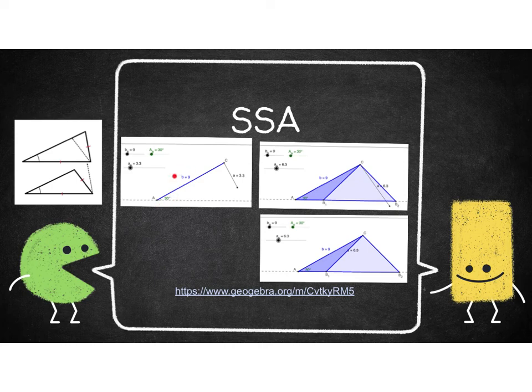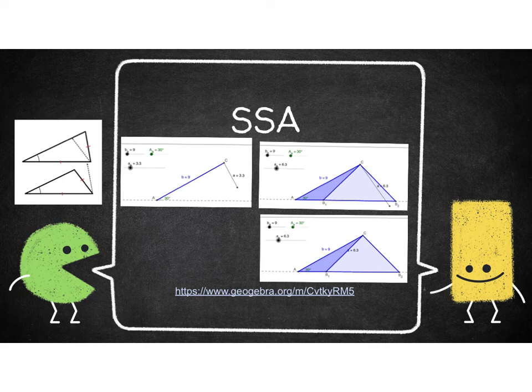We're going to keep B for now at 9, and then we're going to move A. So let's say I make A over here, okay, at 6.3. It can create this triangle using that 6.3, but it can also create this triangle. Those would be the two same side lengths with a non-included angle of 30 degrees. Notice that doesn't change, but I have different triangles that I can create with side, side, angle.